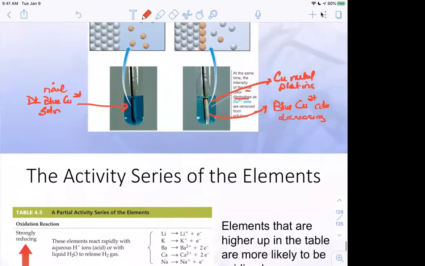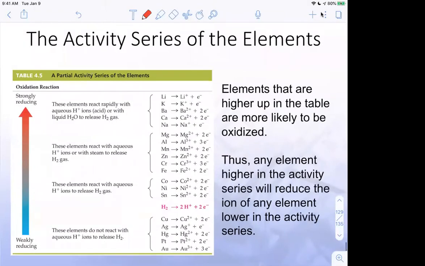Now, the activity series is looking at all types of metals and actually hydrogen, and figuring out what the order of reactivity is amongst these elements in these single replacement reactions. So elements that are higher up are more likely to be oxidized.